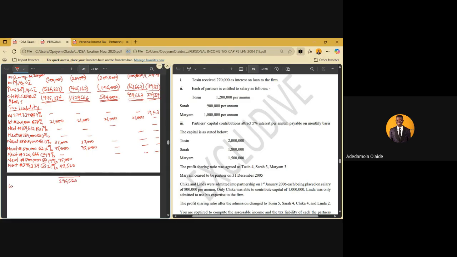So we can now less that withholding tax on interest. And that will give us how much? 30,000.